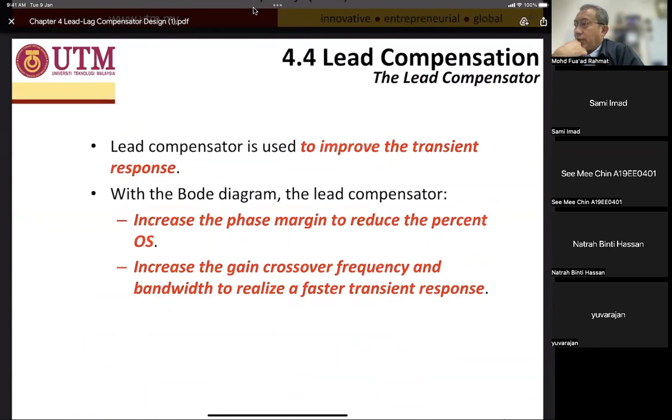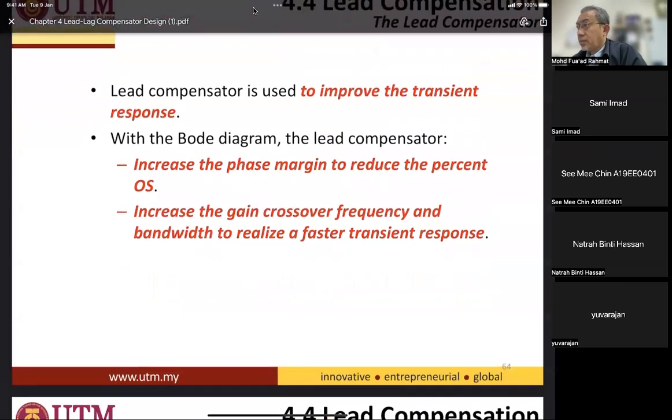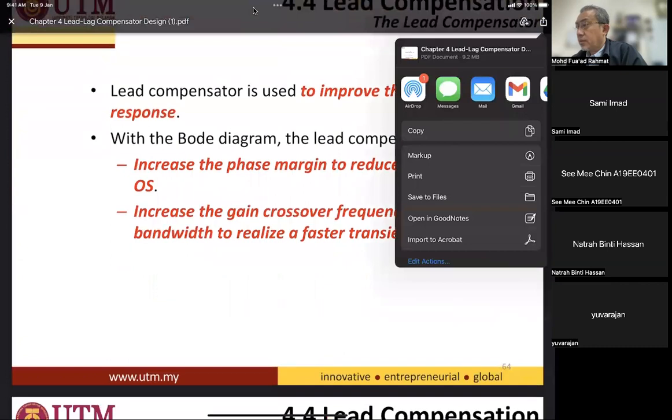Okay, we move to the final subchapter of chapter 4, lead compensation or lead compensator. I'm referring to slide number 64.